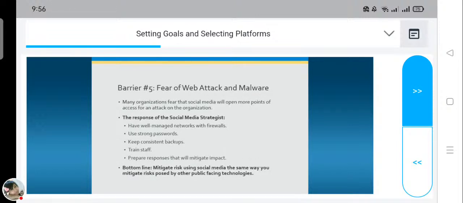The fifth and final common barrier to adapting to social media is a fear of a web attack or malware. Some organizations fear that getting involved in social media will open them up to more points of access for some sort of attack on their organization, just like getting a virus on your computer.